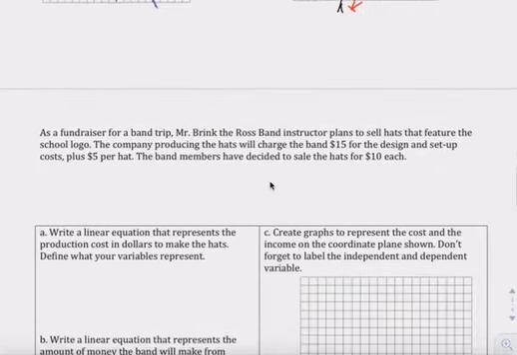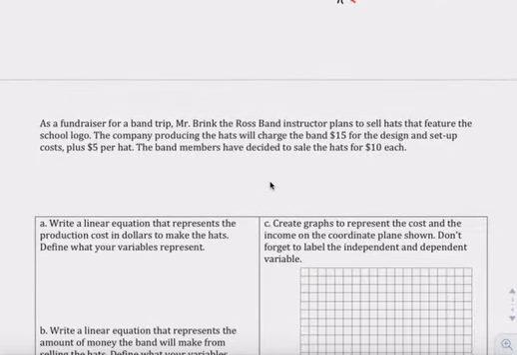See. Okay. As a fundraiser for a band trip, Mr. Brink, the Ross Band instructor, plans to sell hats that feature the school logo. The company producing the hat will charge $15 for the design and setup costs.